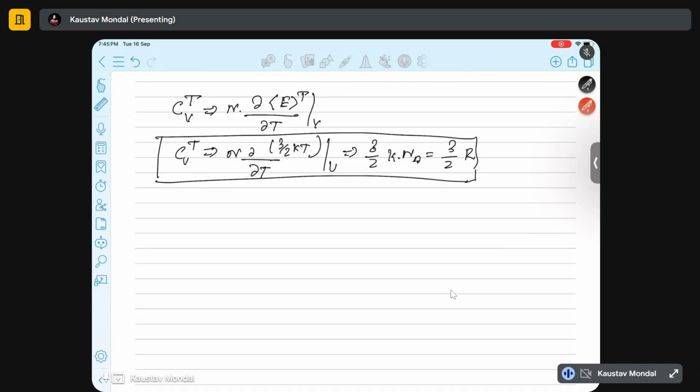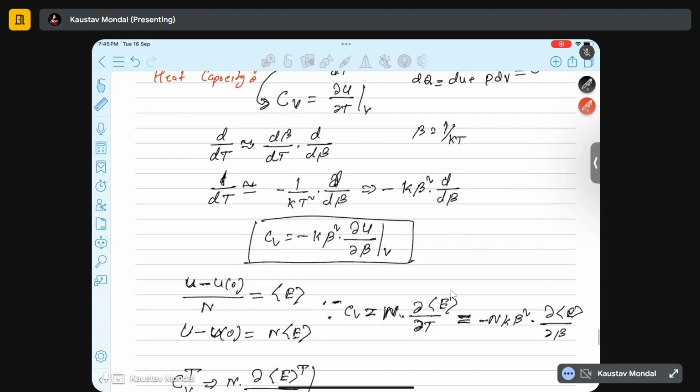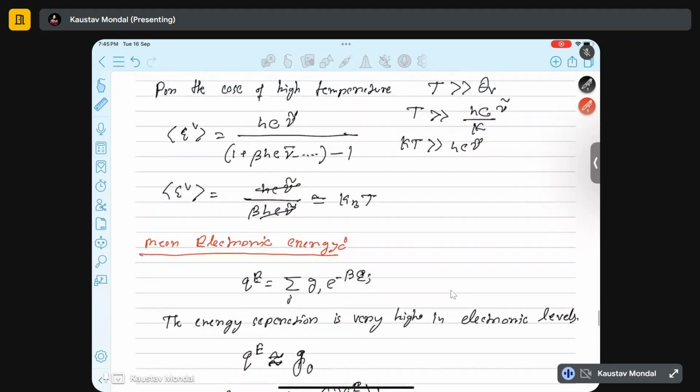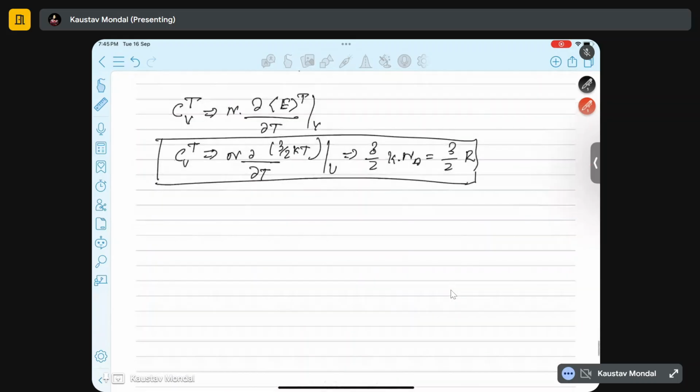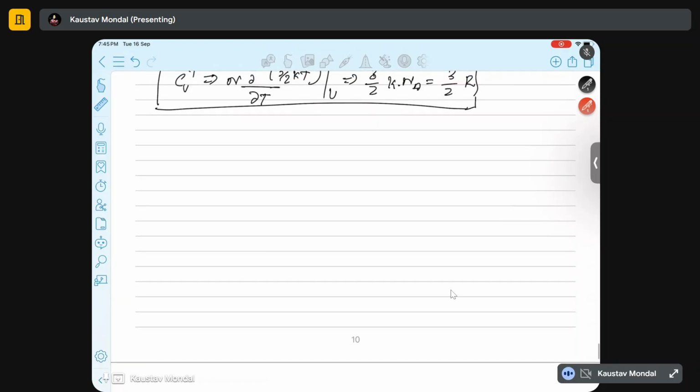Right now we're doing it using statistical mechanics, but in earlier courses you did it from the kinetic theory of gases, basically classical thermodynamics. From there you also got the specific heat at constant volume as 3 by 2 R, and that is the same thing we're getting here from the statistical point of view. So the whole framework is consistent with thermodynamics. That is the whole point.